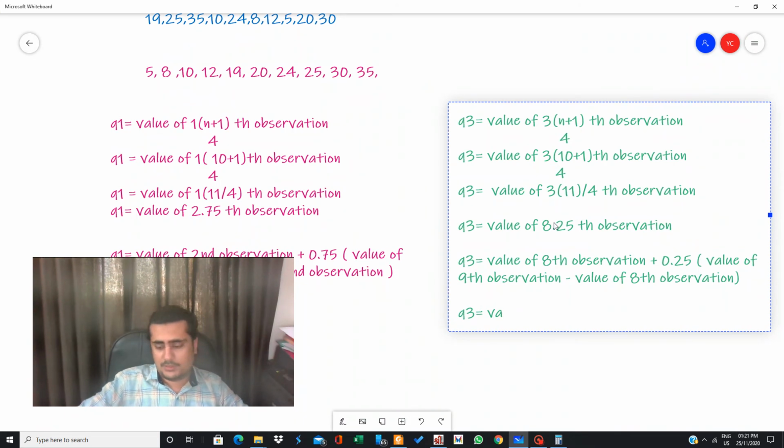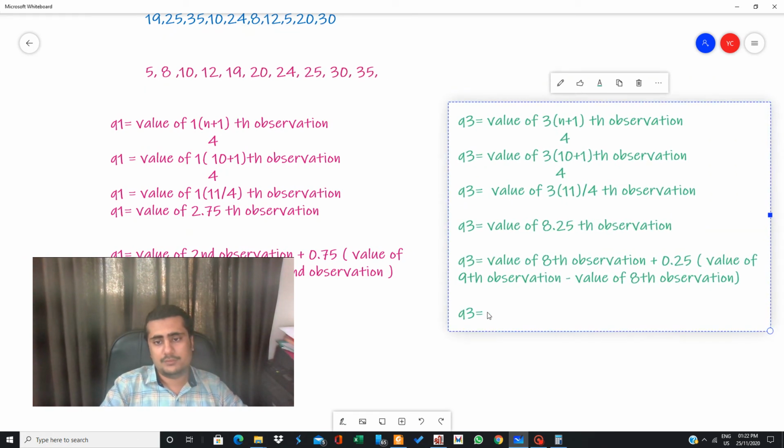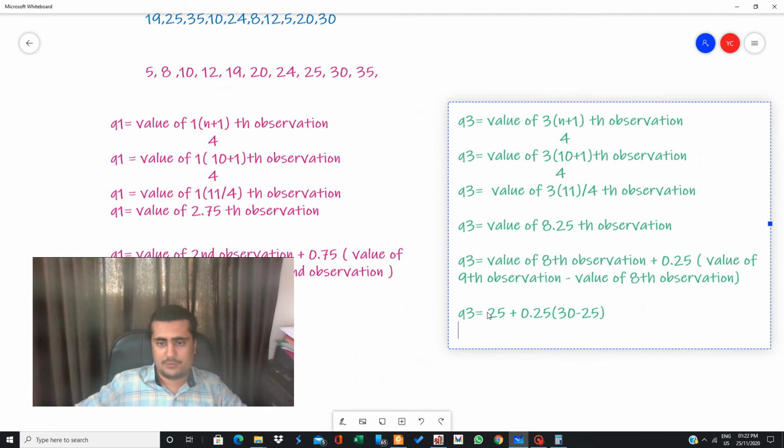So Q3 is, now what is value of 8th observation? You can see from above digits 1, 2, 3, 4, 5, 6, 7, 8. 8th observation is 25. So it's 25 plus 0.25 into, ninth observation is 30, 30 minus 20.